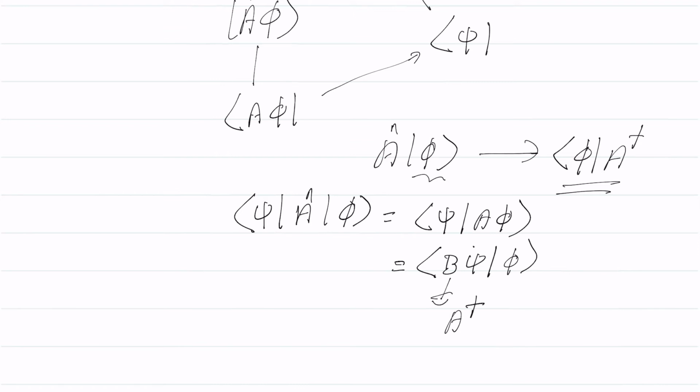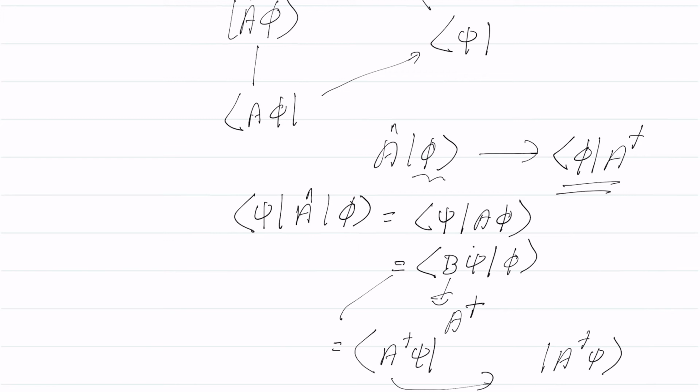So the bra B psi is nothing but, if I substitute B as A dagger psi, then when you go to the ket space, this is ket A dagger psi, right?